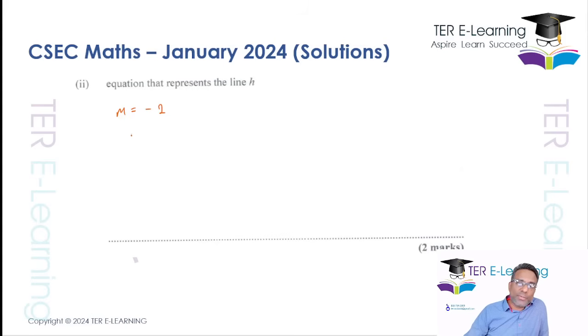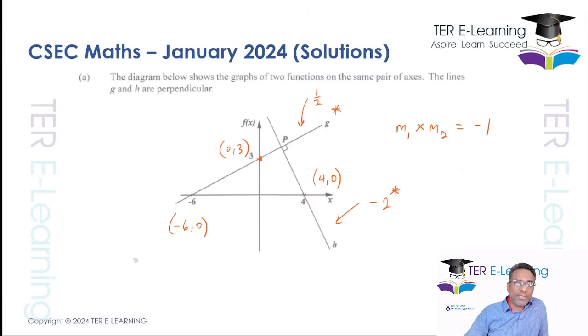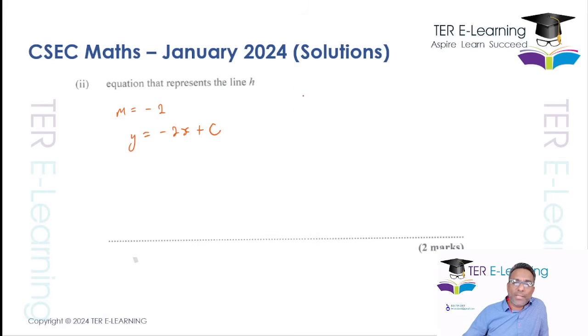So therefore, this equation is given by y is equal to minus 2x plus c. So we need to figure out c. To figure out c, we're going to use this coordinate here. That coordinate is 4, 0, because you know the line passes through the point 4, 0, right? So that means x is 4 and y is 0.